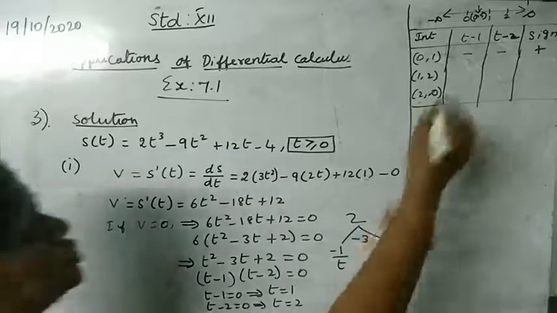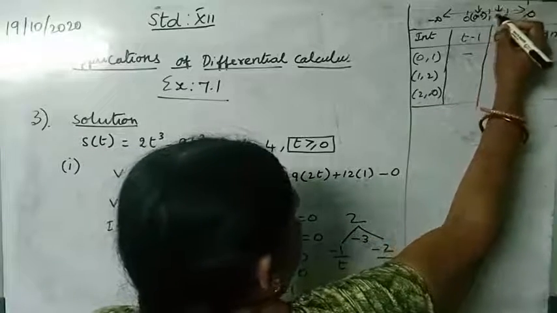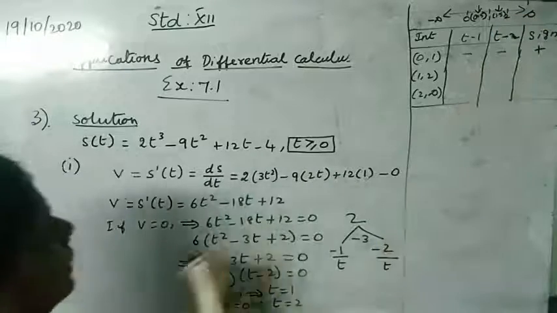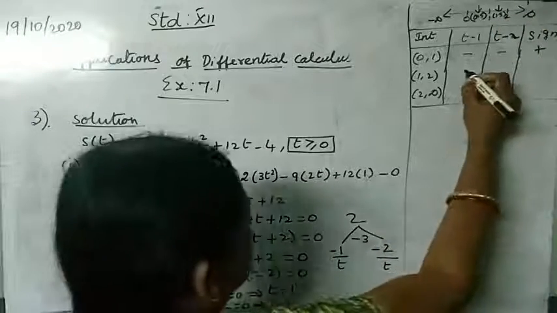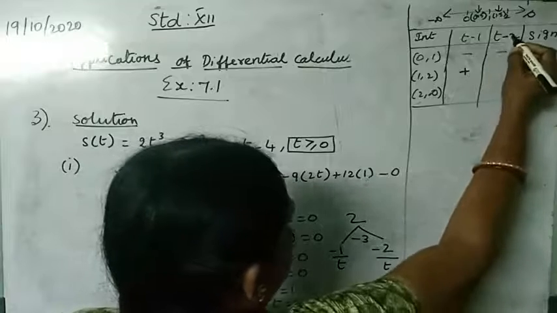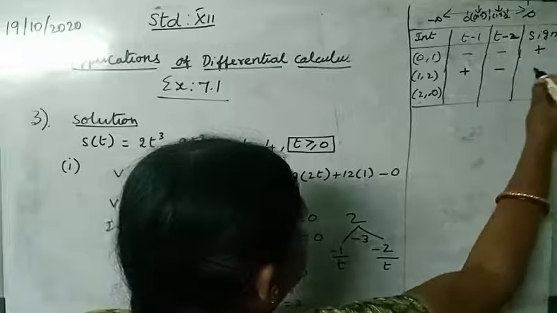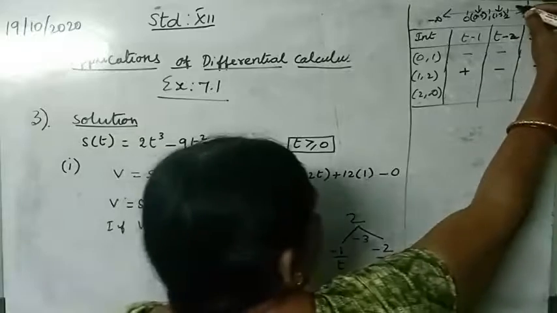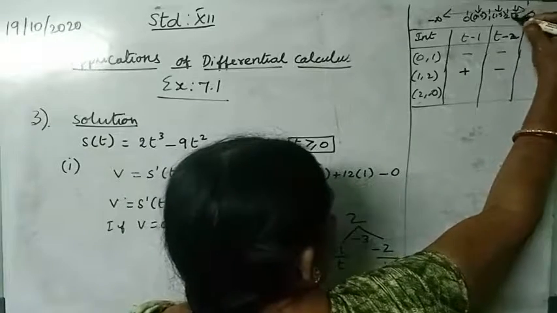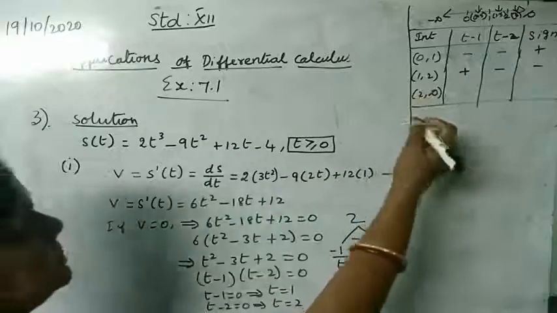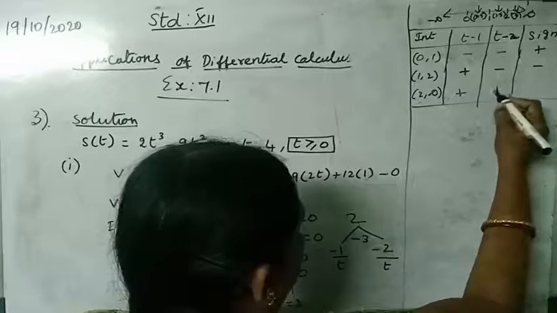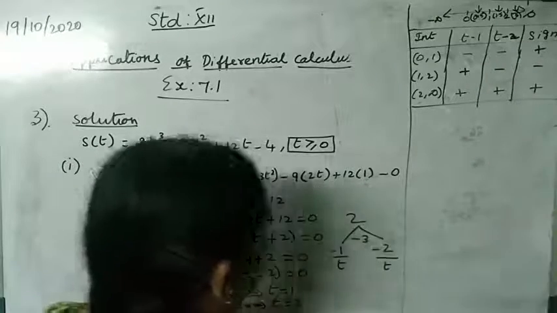And for 1 comma 2, you can take a sample point as 1.5. So 1.5 minus 1 is positive, 1.5 minus 2 is negative, plus minus gives minus. And the last one, after 2, we can take 3 as a sample point. 3 minus 1 is 2, positive. 3 minus 2 is 1, positive. Positive positive gives positive.